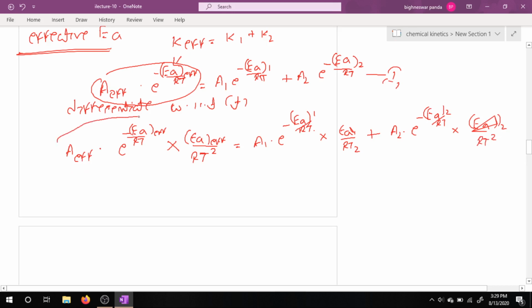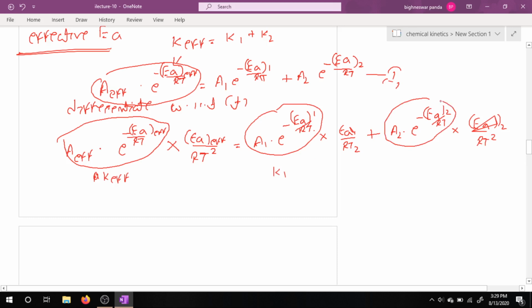So this is our k effective, this is our k1, this is our k2, and cancelling RT square, we have A effective into EA effective is A1 k1 EA1 plus k2 EA2.